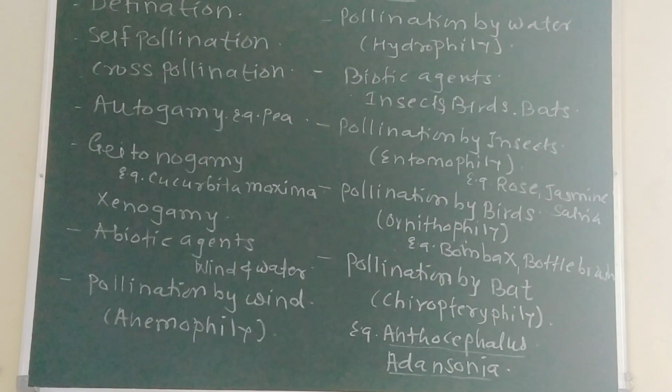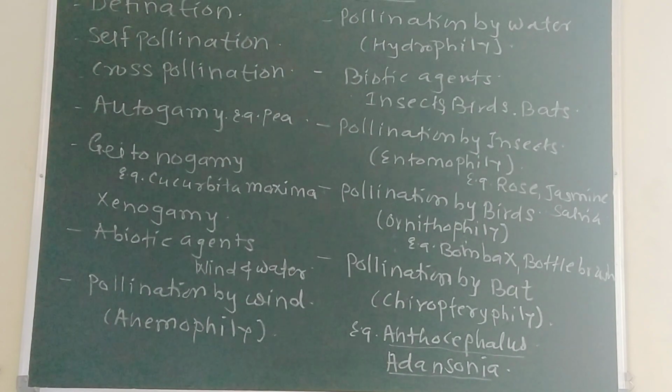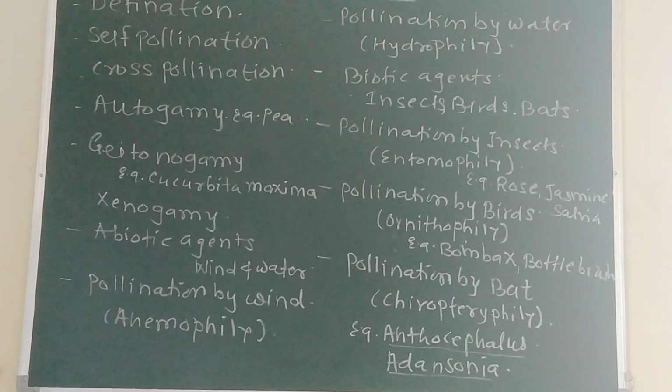First, flowers are small and inconspicuous. Perianth and other floral parts are unwettable. Next, pollen grains are long and unwettable due to presence of mucilage. Next, nectar and fragrance are lacking in the flower.